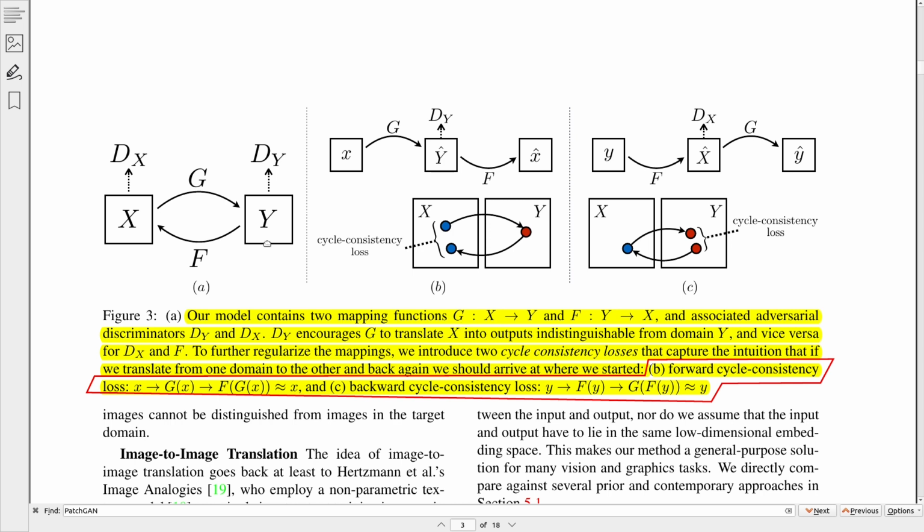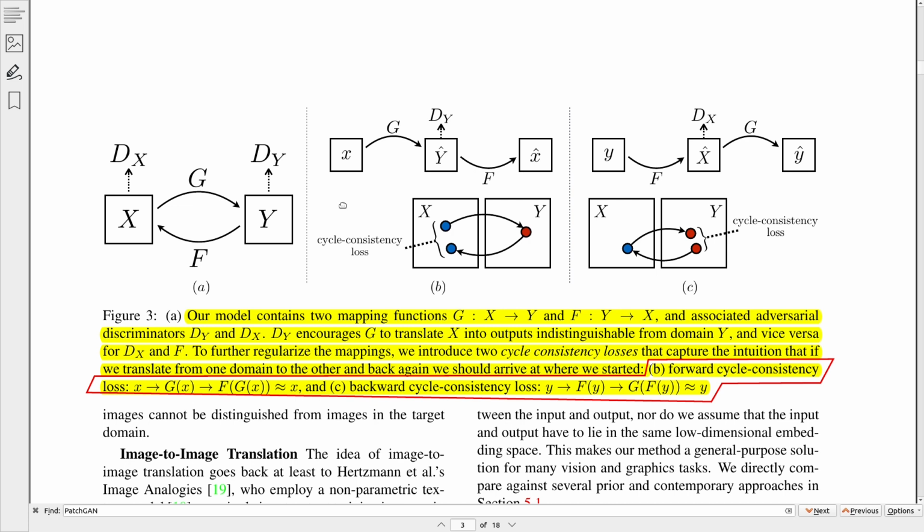One is G, which maps from X to Y, and F, which maps from Y to X, and associated adversarial discriminators Dy and Dx, where Dy encourages G to translate X into outputs indistinguishable from domain Y, and vice versa for Dx and F. To further regularize the mapping, we introduce two cycle consistency losses that capture the intuition that if we translate from one domain to the other and back again, we should arrive at where we started.